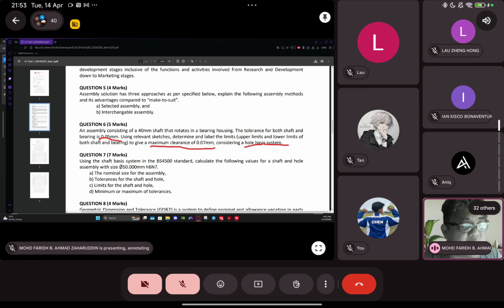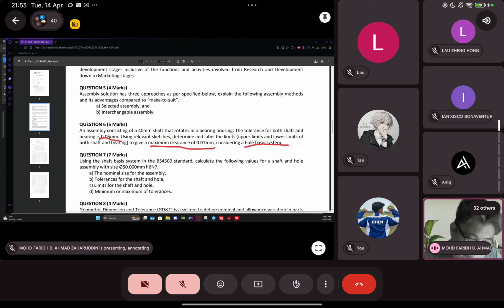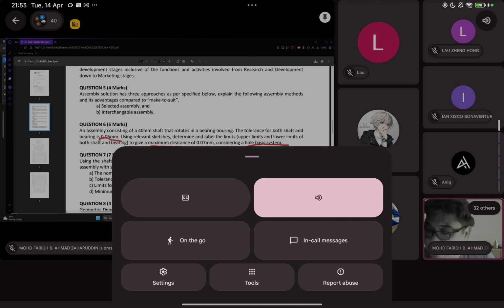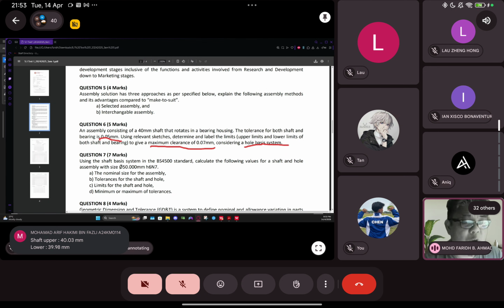Okay, thank you. For holes the upper limit is 40.050 mm. The lower limit is 40.00 mm because it is mentioned in the question that we use the hole basis system.